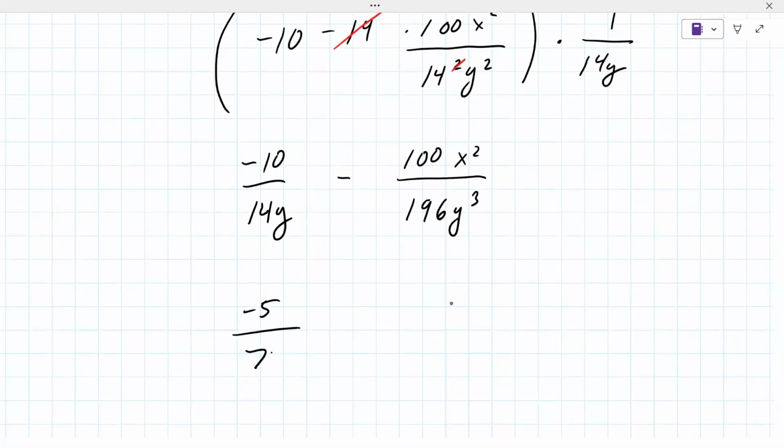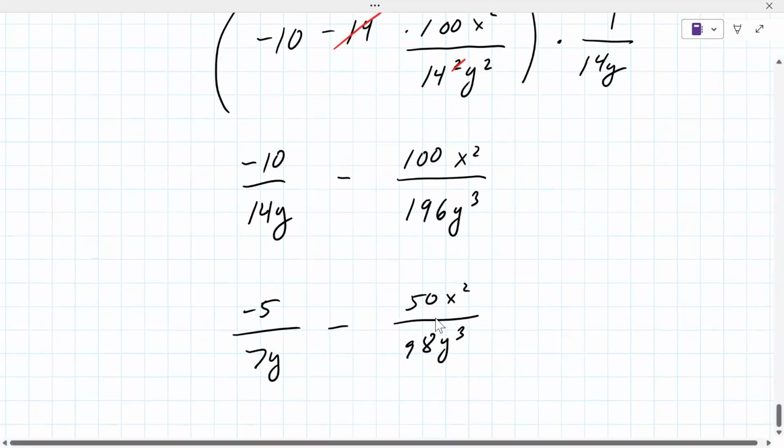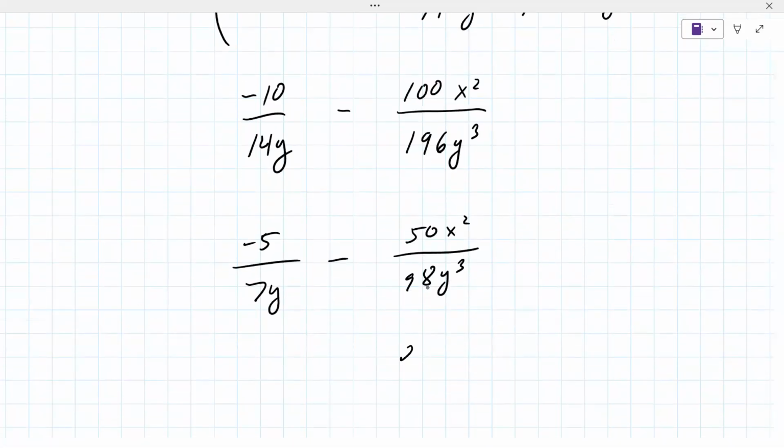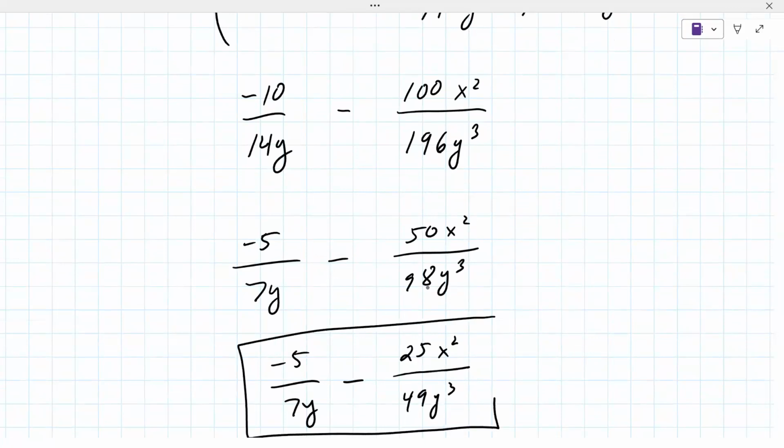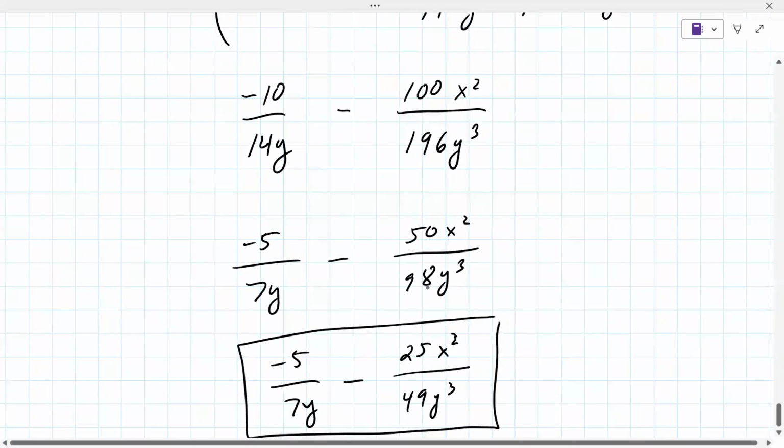Minus 5, we divide everything by 2, 50 x squared over 98y cubed. And I guess we can do it again here, 25 x squared over 49y cubed. That will probably be your best simplified answer.